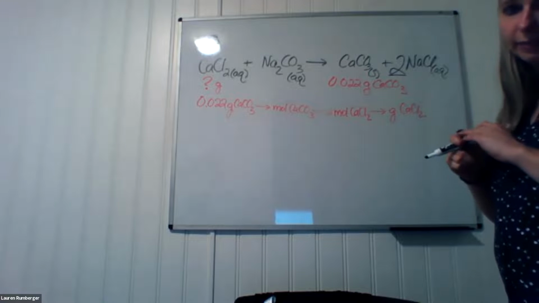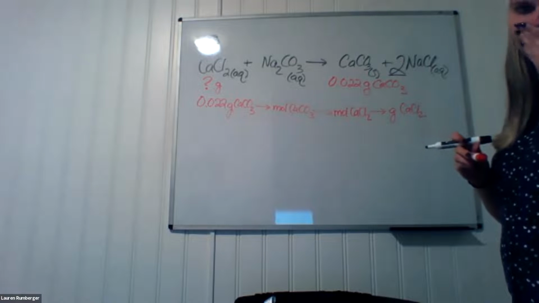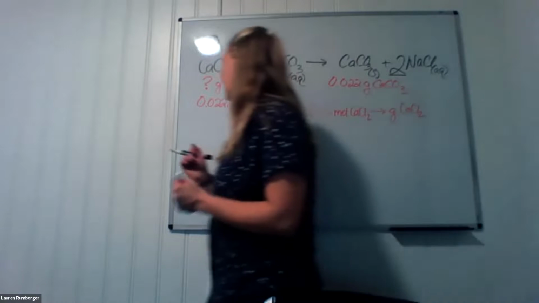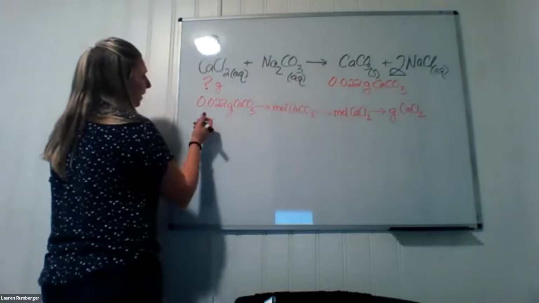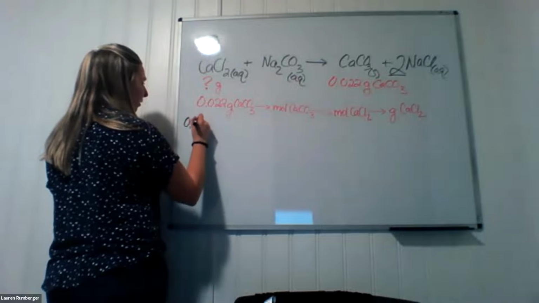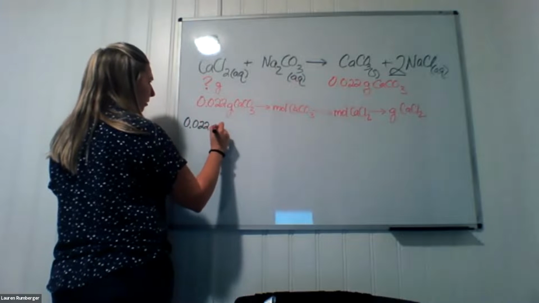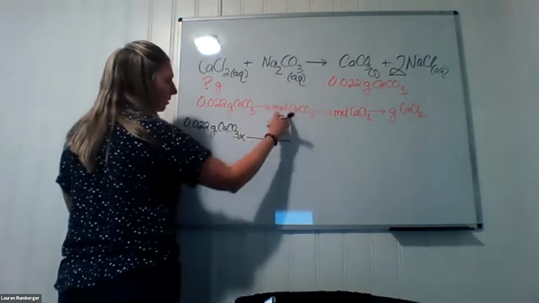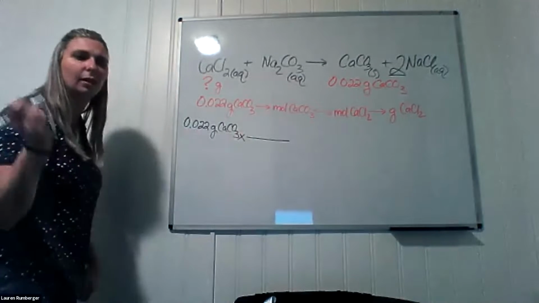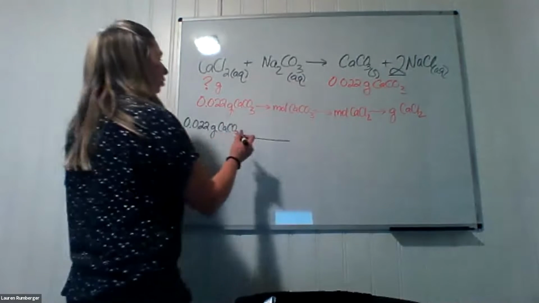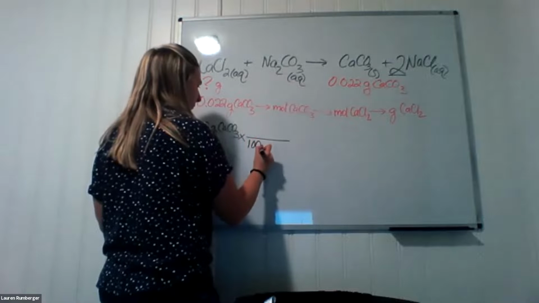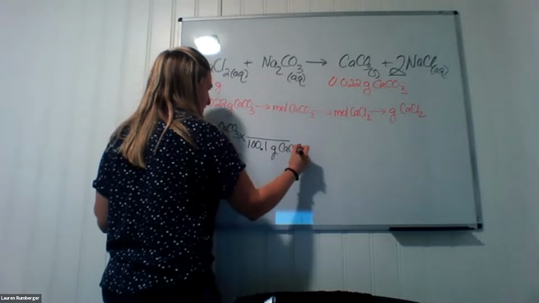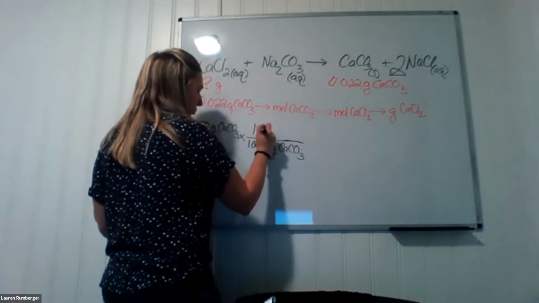You are given the calcium carbonate molar mass and the calcium chloride molar mass. So that helps matters. Starting with 0.022 grams of calcium carbonate, we convert to moles using the given molar mass, 100.1 grams per 1 mole.